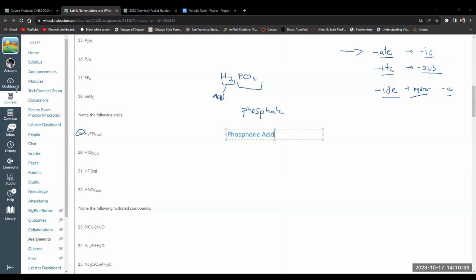So let's try to name it in reverse. Let's start with the name itself and let's work backwards. So let's say we have phosphorus acid.